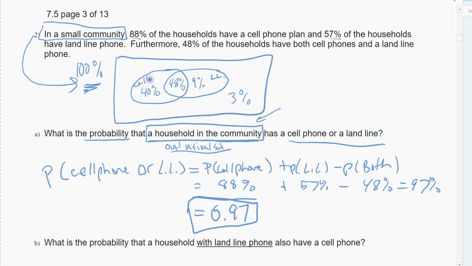Okay? And so you'd have to take 1 minus the probability that they had a cell phone or a landline, which would be 1 minus our 97%, and it comes out to our 3%. Okay? And that would be if you're using a formula. But this one particularly is a lot easier to find using the Venn diagram. So I encourage you to use the Venn diagram in this case.